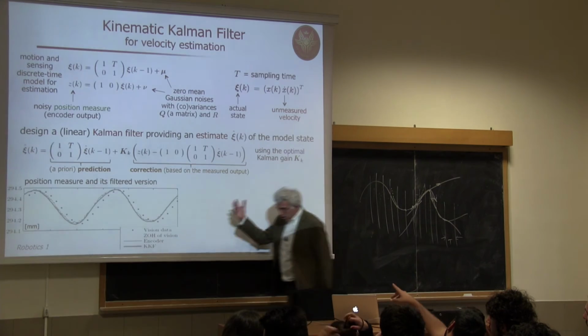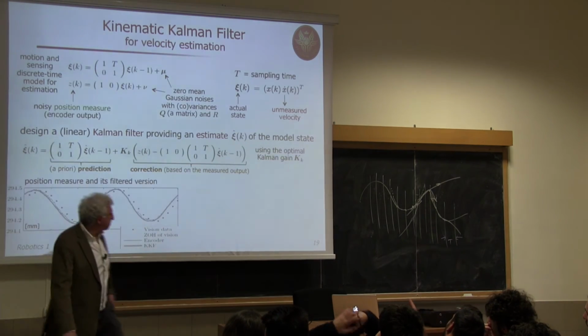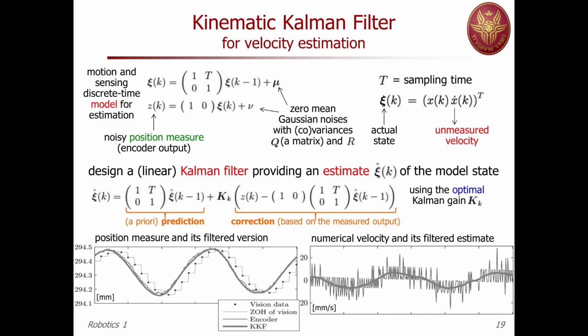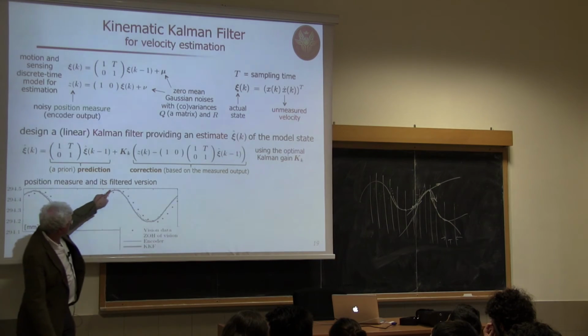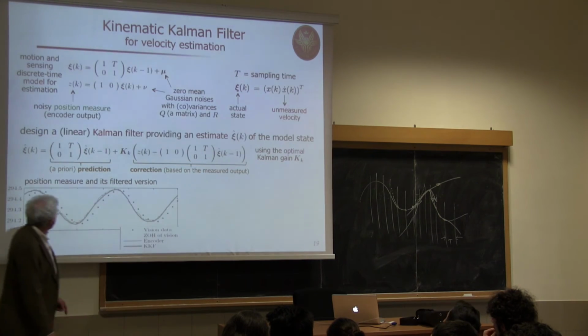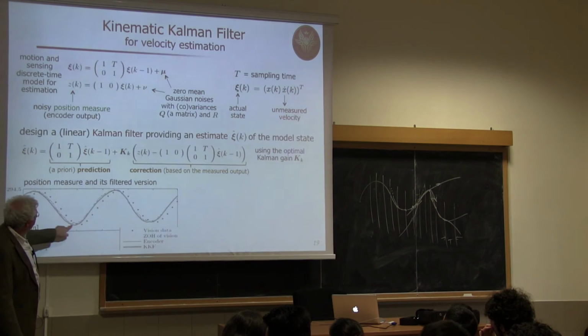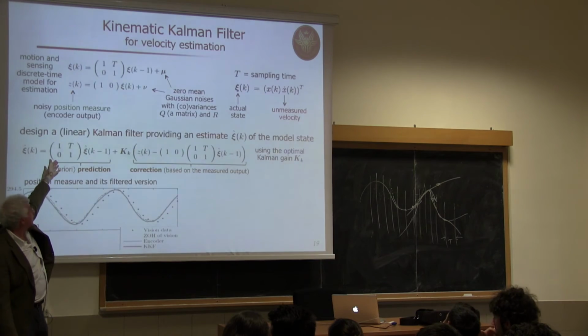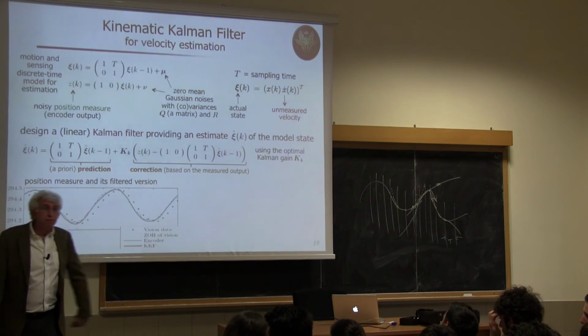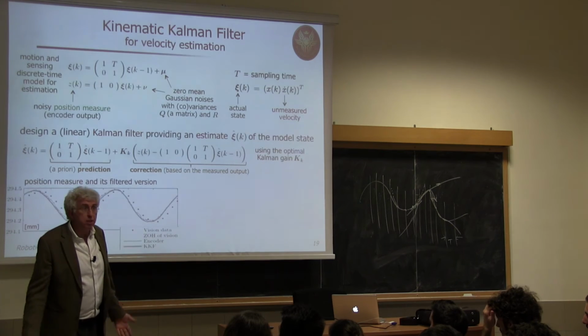So for instance, this is just a representative plot taken from a technical paper where the authors were using this technique, and they were also using vision to, let's say, qualify the position measurement. So here you can recognize this noisy signal. This is the output of the encoder. This is the filtered version of position as obtained by a Kalman filter, taking the first component of the estimate xi hat. Okay, so this is the estimated position.